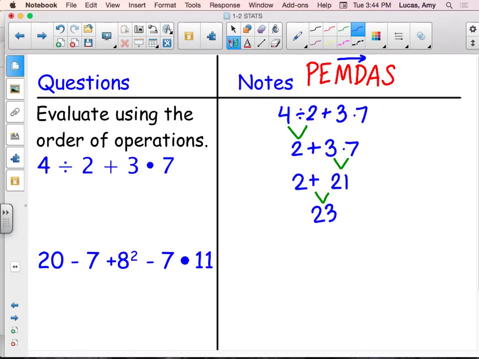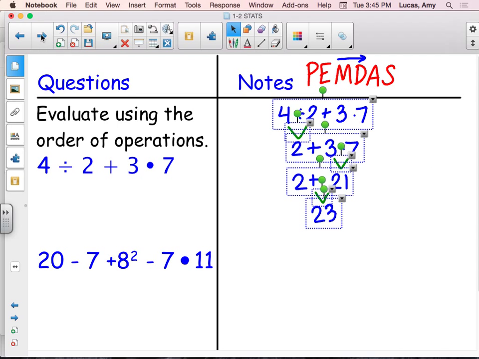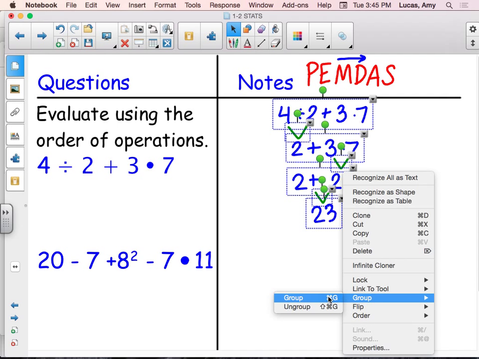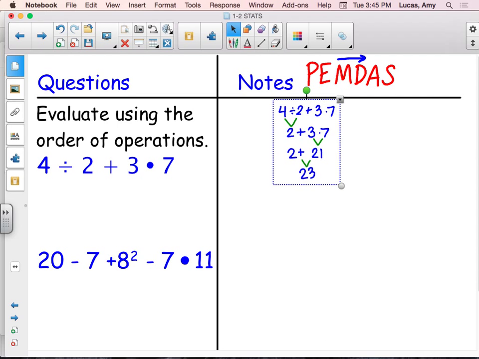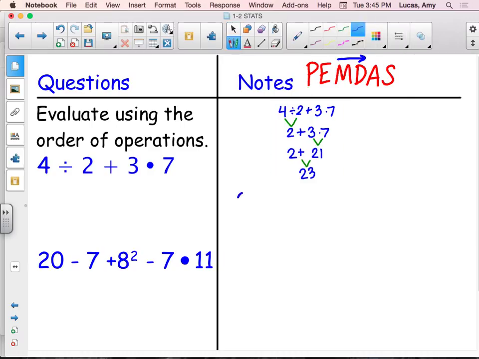The next problem, I'm going to copy down as well. 20 minus 7 plus 8 to the second power minus 7 times 11.